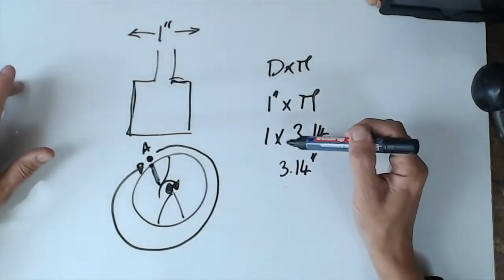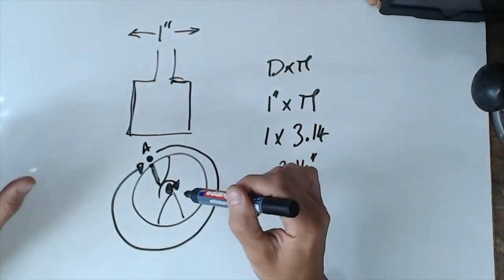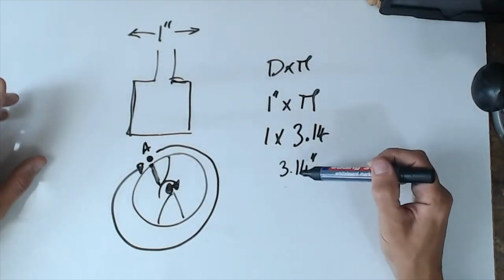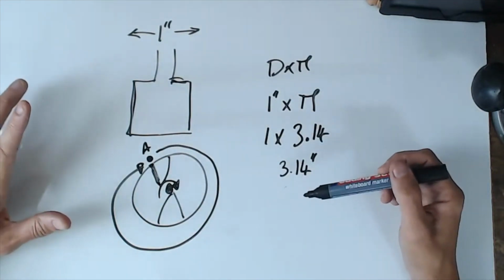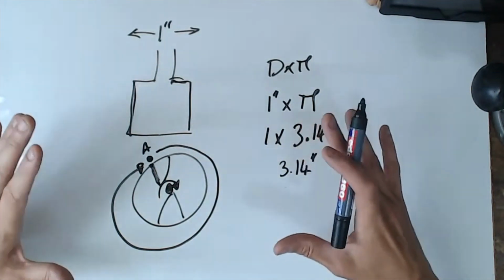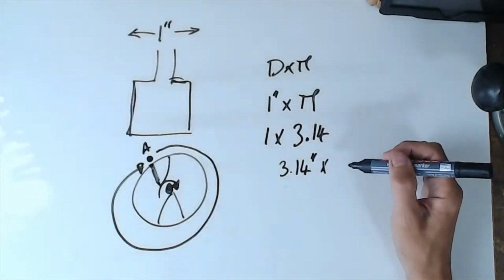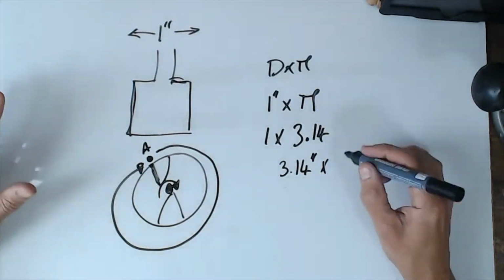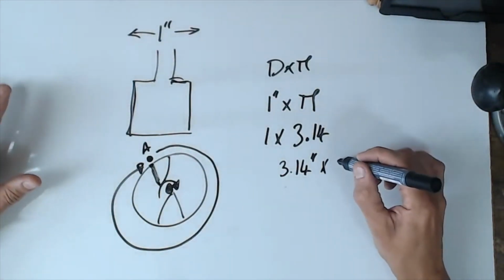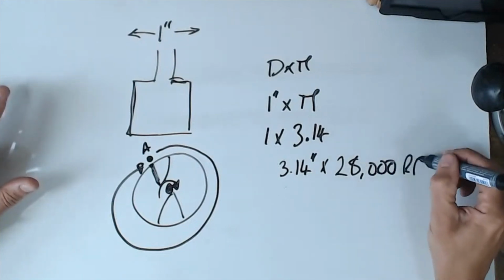So one revolution, if it turned one revolution every minute, it would travel 3.14 inches every minute. With routers, because they're spinning really fast, as a rule of thumb, they'll go anything up to 28,000 RPM.